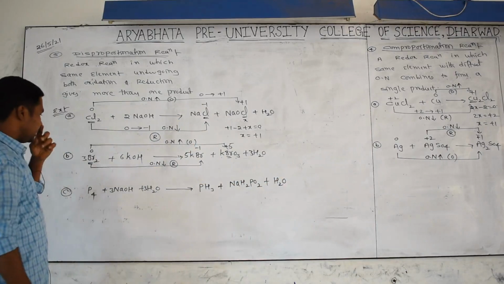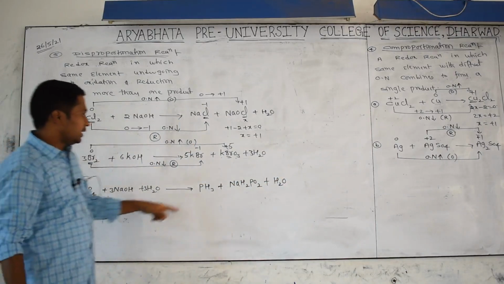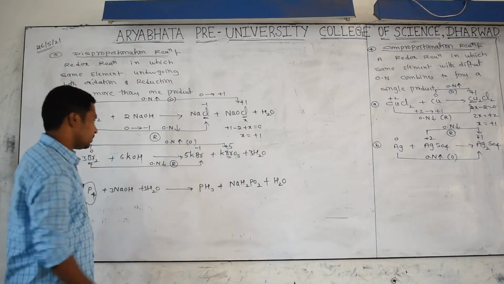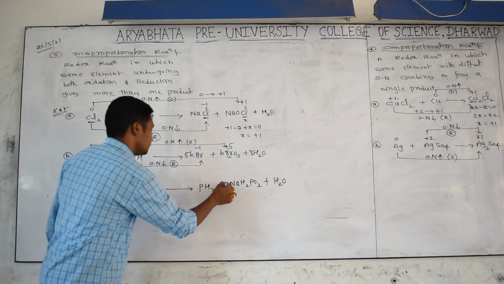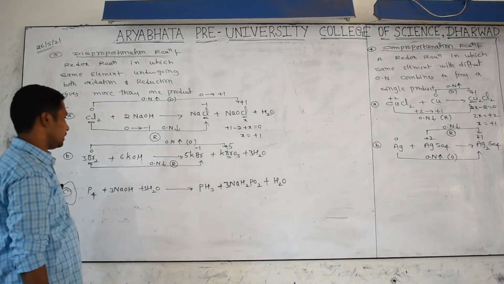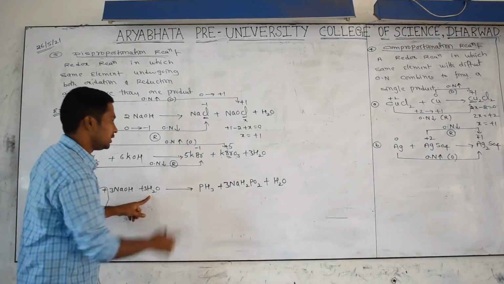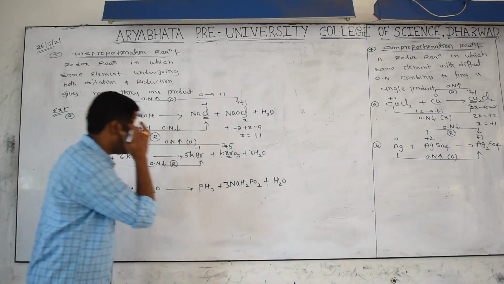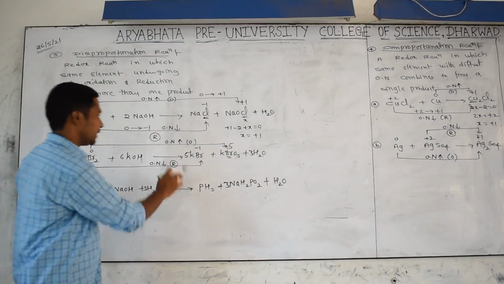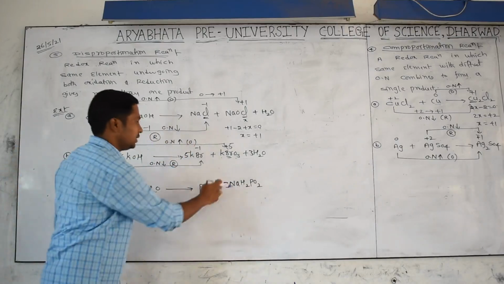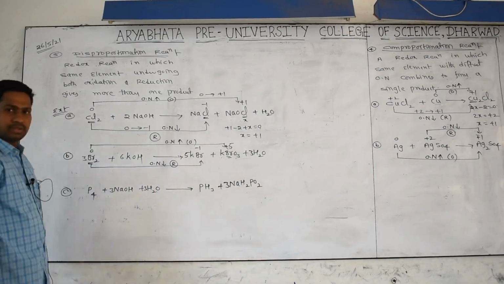Take it here, 3 twos are 6, plus 3, 9. That gives 3 moles. For the 9 hydrogens, 3 twos are 6 plus 3 is 9. There is no water formation, leave it. 3 twos are 6 oxygens. Everything is balanced.